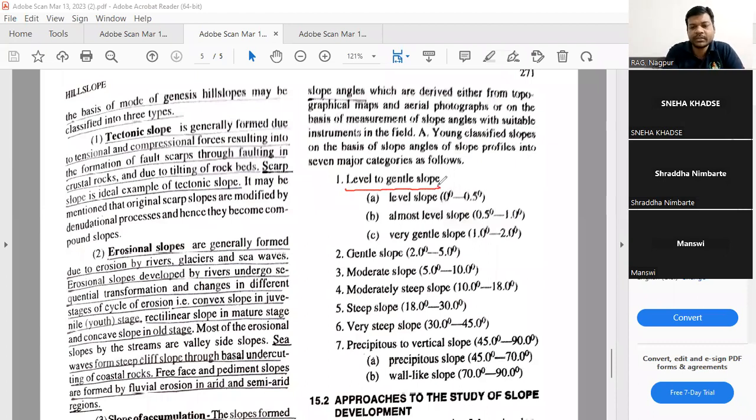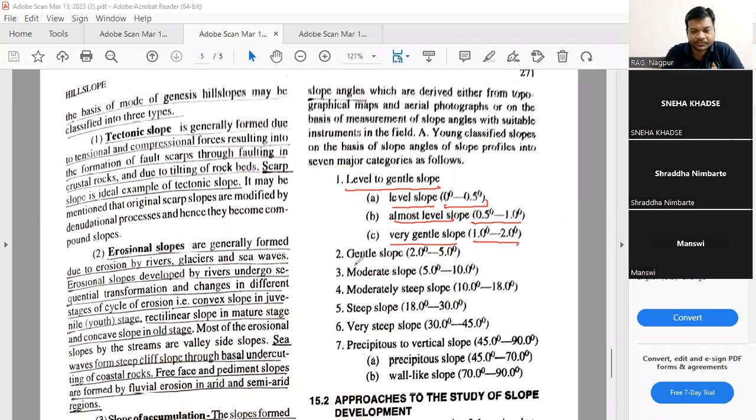A level slope has an angle of 0 degree to 0.5 degree. Actually, it is flat. Almost level slope is 0.5 degree to 1 degree. Very gentle slope is 1 degree to 2 degree. These are basically almost parallel to the land, or almost flat.